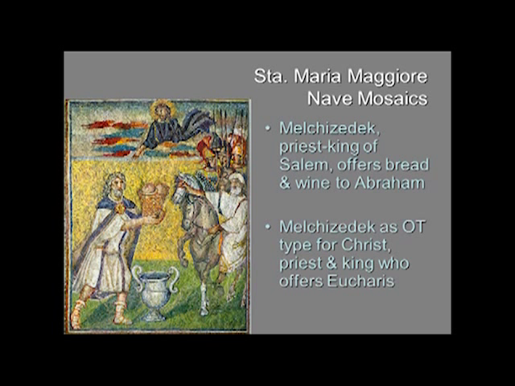Christ, not Melchizedek, offers his body and blood as the bread and wine of the Eucharist. And there's certainly a reference in Hebrews 5:6. It says, "Thou art a priest forever after the order of Melchizedek." And this is used in the ordination of priests. So, very important iconographically.